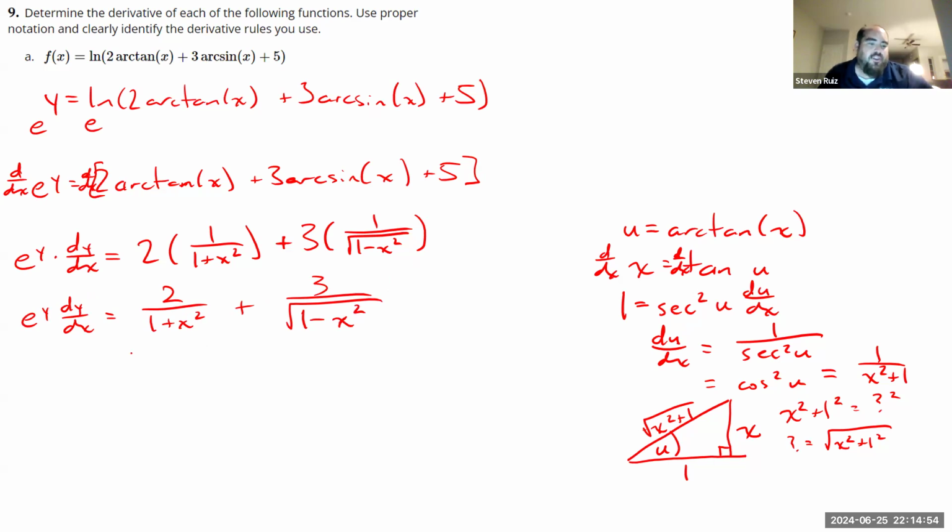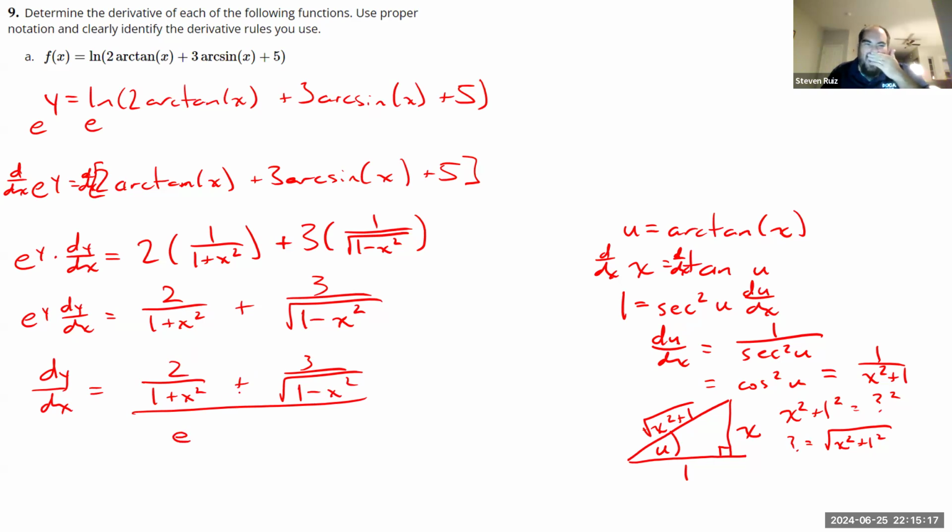We're looking for the derivative, so I need to isolate dy dx. So dy dx is equal to 2 over 1 plus x squared plus 3 over radical 1 minus x squared, all over e to the y.